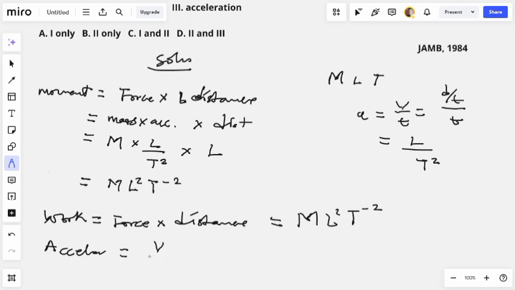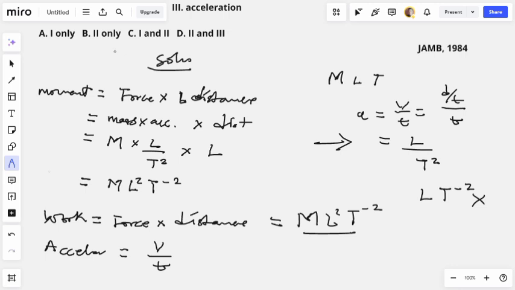The change in velocity with respect to time. We already did that, and we've seen that the acceleration dimensional unit is what? L T raised power minus 2. Which is not the same as this. So you see that moment and work have this as their dimensional unit. Acceleration's dimensional unit is different from this.